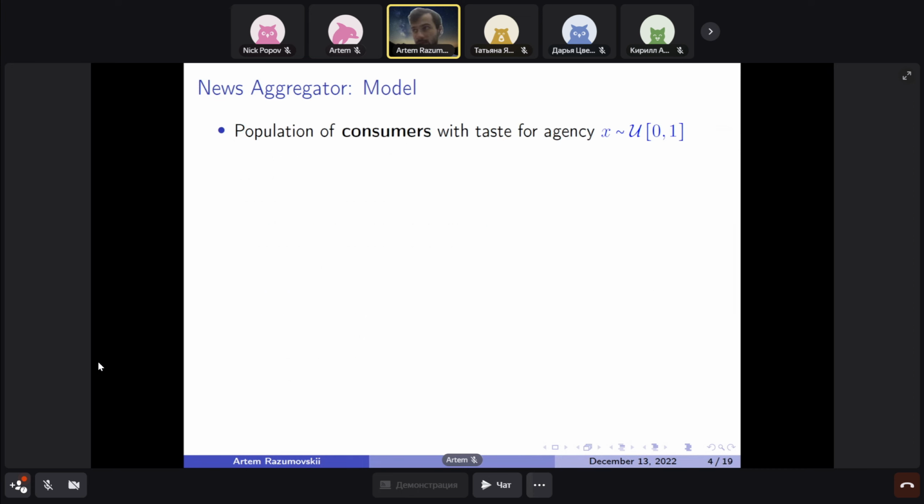So what else? Then we need to think about the consumer's choice, right? Before, we talked about what agencies can do and what will be the news aggregator's resulting quality.